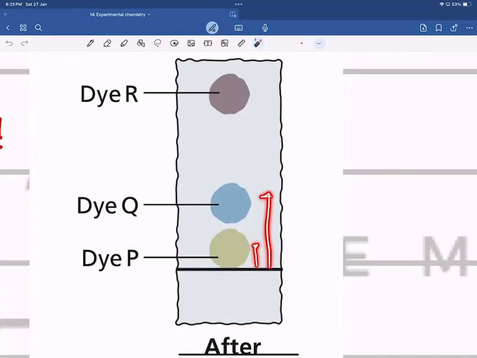Dye Q travels a little larger distance, and dye R travels the furthest. So from this, what can we conclude? We can conclude about the solubilities of these dyes in the solvent. The dye which travels the most is the most soluble in that solvent, and the one which travels the least is the least soluble in that solvent. Is this understandable?